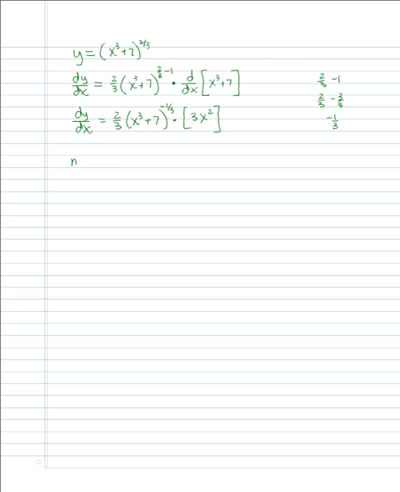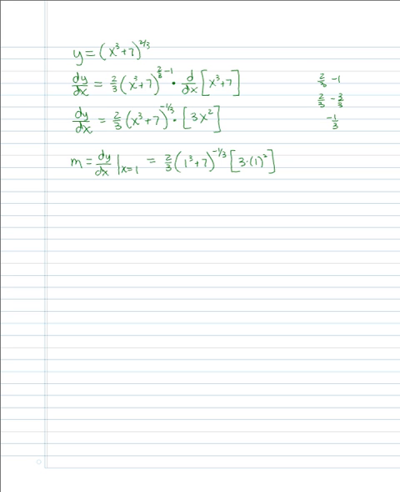To find the slope, we just need to know what the derivative value is when x is equal to 1. That means we would plug a 1 in for each of these x's. Okay, so it would look like this. And of course here we would have 3 times 1 squared.